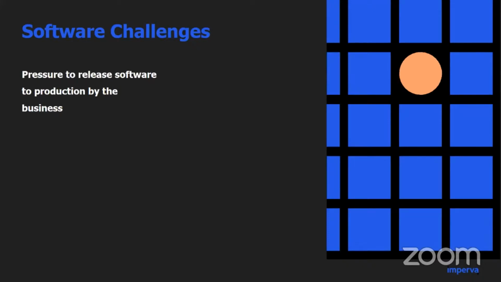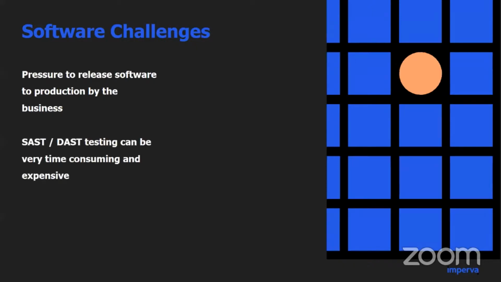And vulnerabilities are out there because there is pressure from the business to release these applications. These applications make the business money when people use them. And so when they change, they want those changes, those updates out into production as fast as possible. Now, all of these applications you will test.